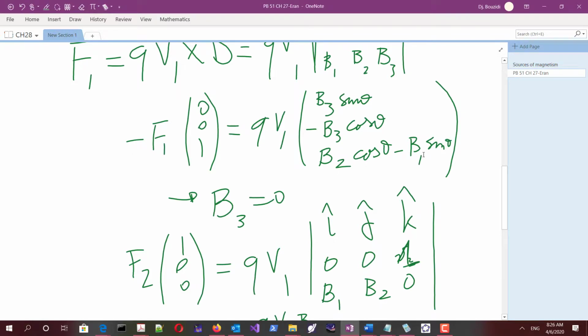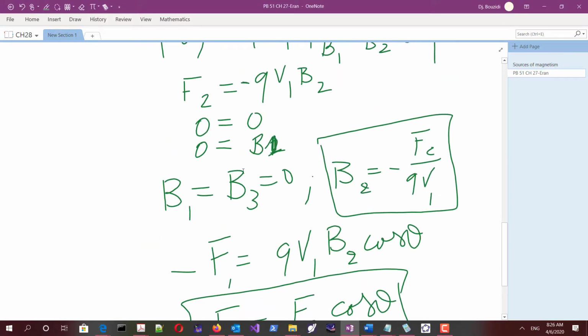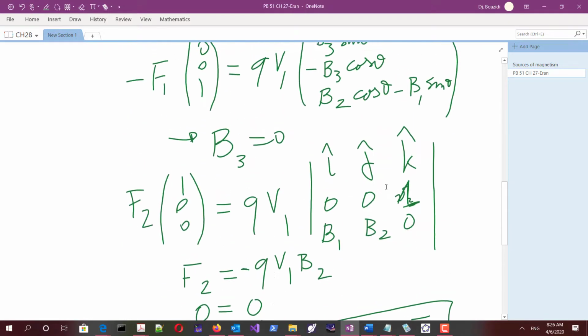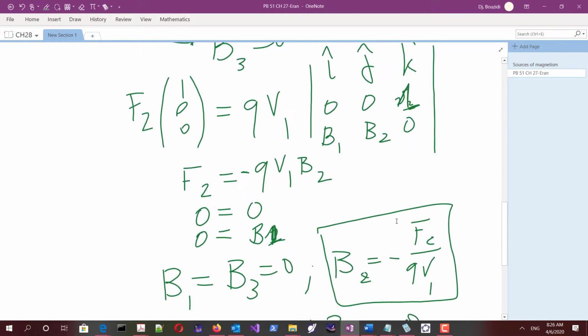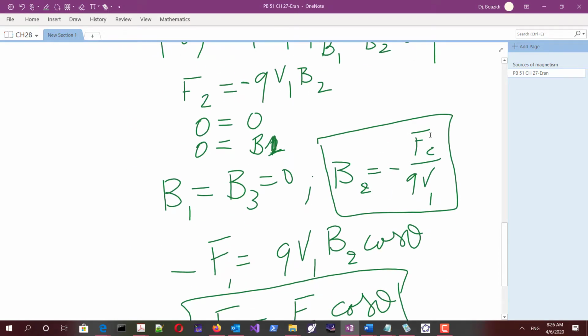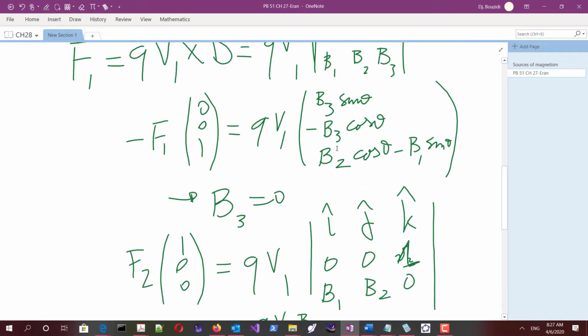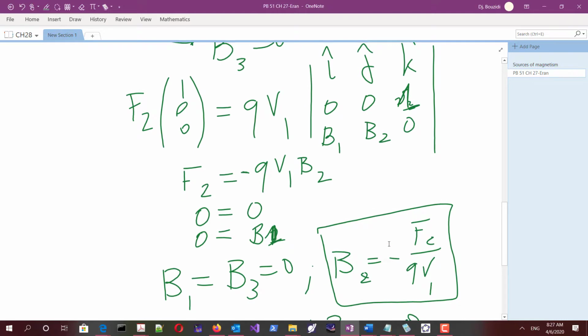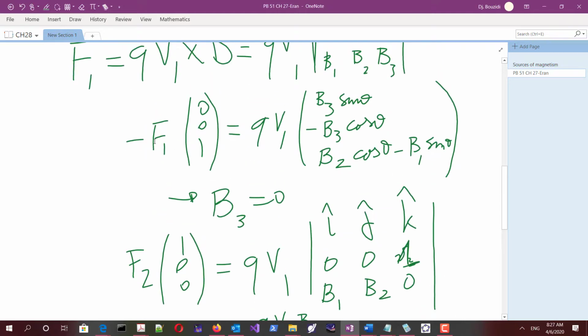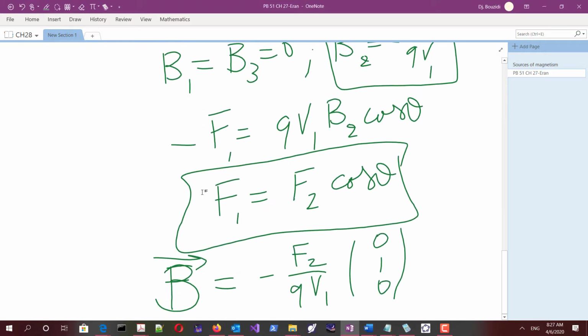With B1 equal to 0, which we just solved in the previous steps, I'm left with B2, and B2 is equal to negative F2 over QV1, and QV1 cancels this one, so I'm left with F2 times cosine theta, with a negative sign, equal to F1, basically with a negative sign. The negative cancels the negative, and everything else basically settles to the fact that these two forces are related to one another this way. It's interesting.